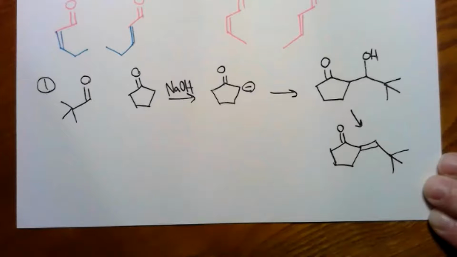That is an E or Z thing. E and Z in aldols is commonly a thing, but we're going to kind of ignore that. This could be E and Z, but we've drawn it as only E.